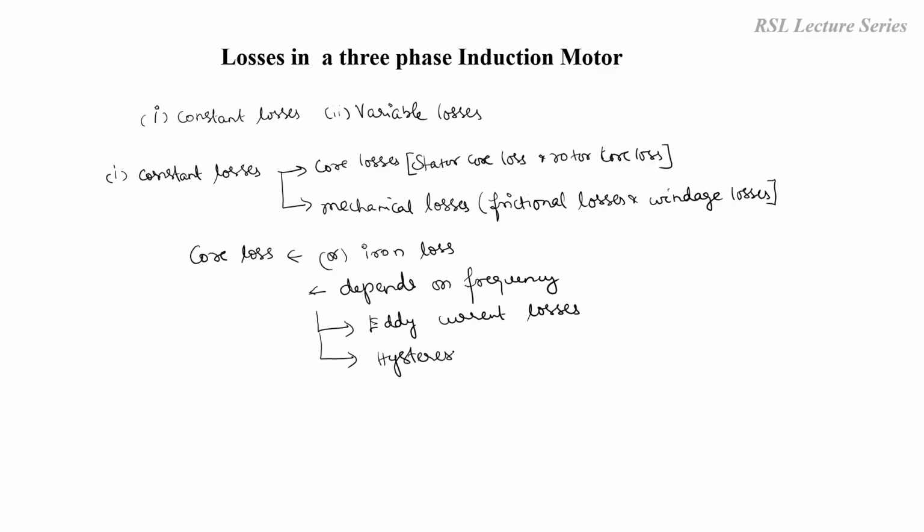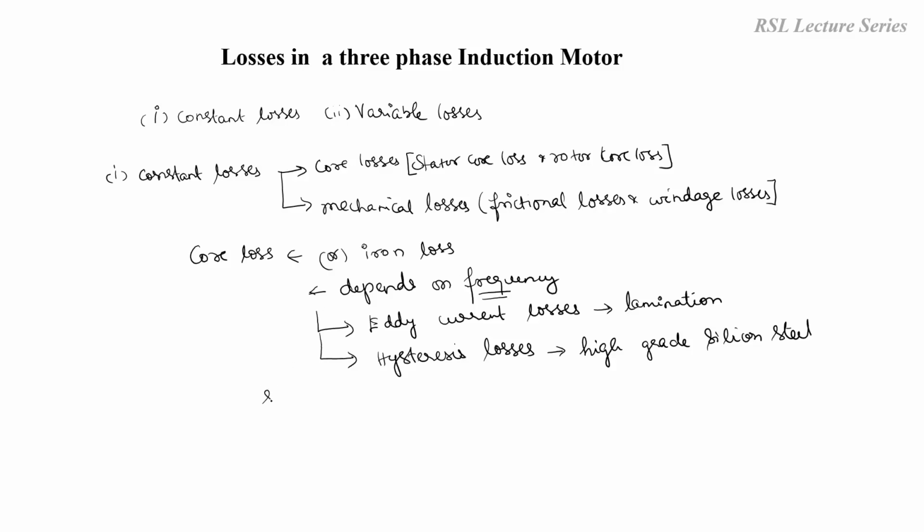The eddy current losses can be minimized or eliminated by laminating the core. So the core is laminated in order to prevent eddy current losses, and the hysteresis losses can be minimized by choosing high grade silicon steel. Both the losses depend on the frequency.